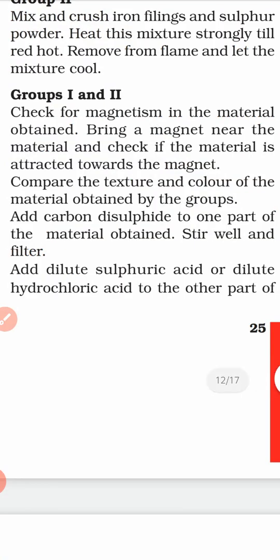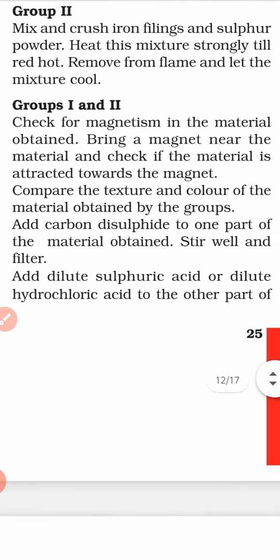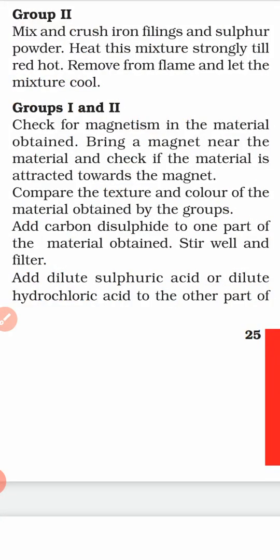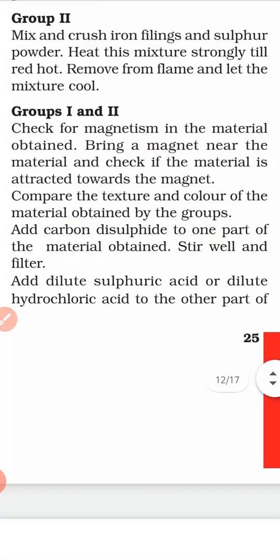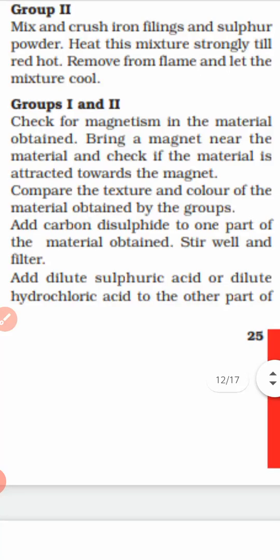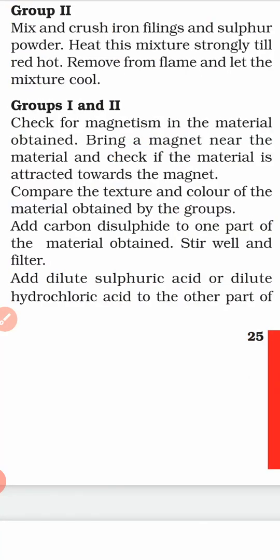Sulfur gets dissolved in this solvent, and we get a yellowish liquid. But the iron will not dissolve. Iron will settle down at the bottom of the vessel. Once you filter, iron will come as residue for group 1.